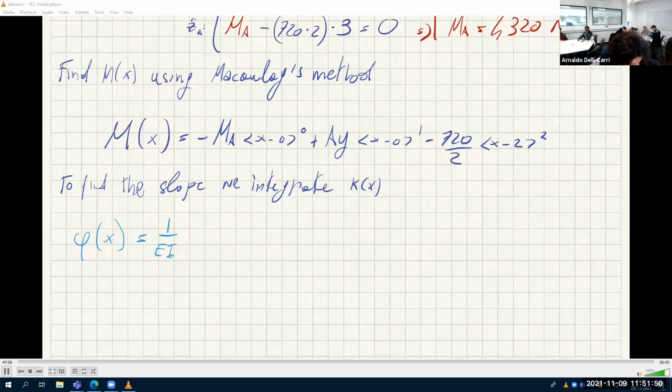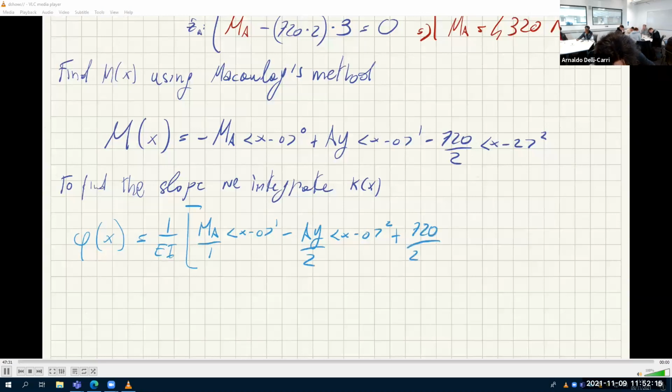So this times MA, x minus 0 to the power of 1 divided by 1, plus AY, x minus 0 to the power of 2 divided by 2. Sorry, this is positive, negative, positive, negative, positive: 720 divided by 2 times x minus 2 to the power of 3 divided by 3.